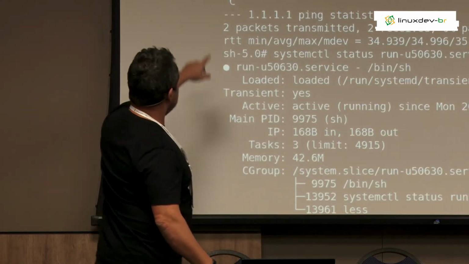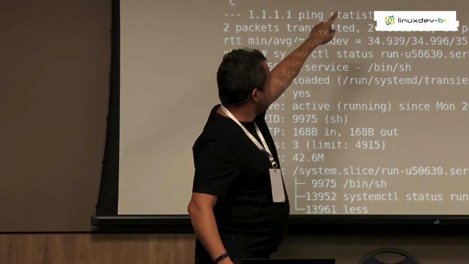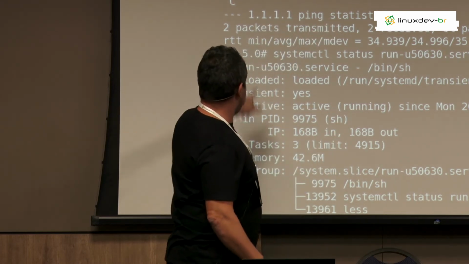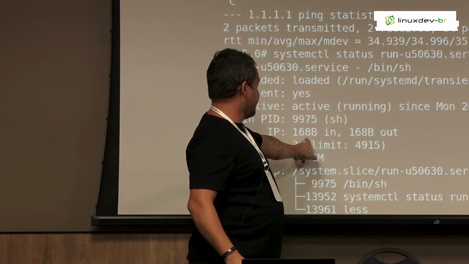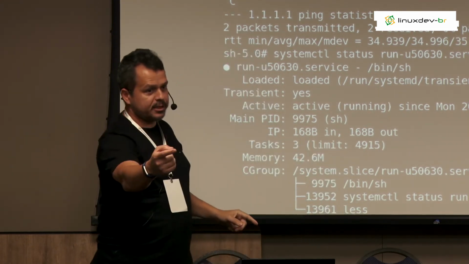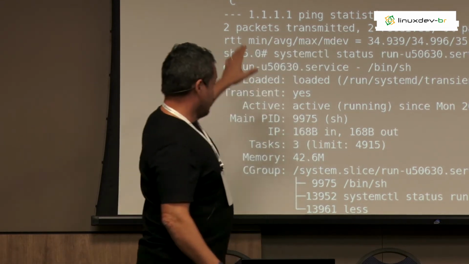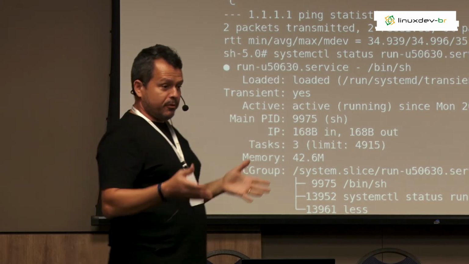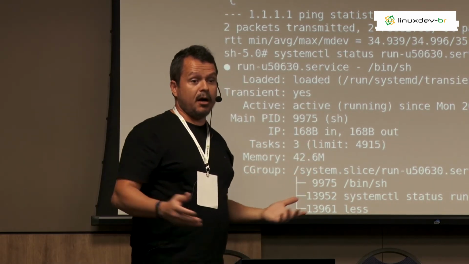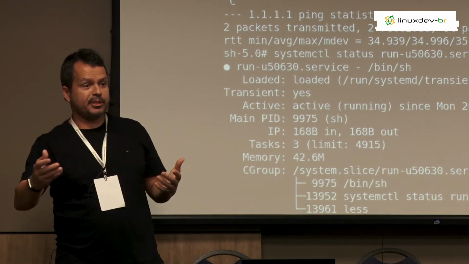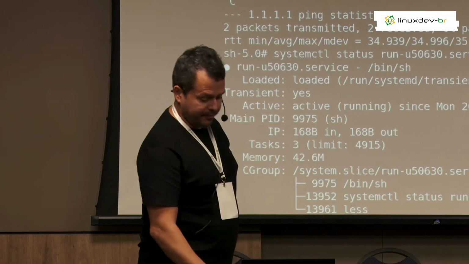And then if you send 2 ping packets, which are 84 bytes in length, and run that again, you're going to see that the IP now says that 168 bytes went in and 168 bytes were transmitted. Why? Because that's 2 times that. So it's used for IP accounting for a cgroup, which is really interesting because you can now see how many bytes are being transmitted by some specific workload that I have. So we're going to measure just that thing.